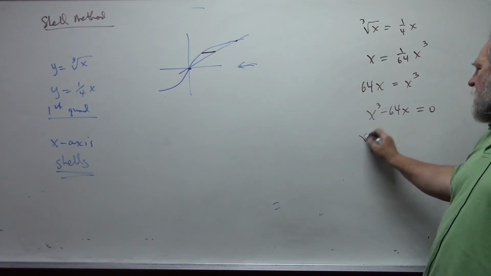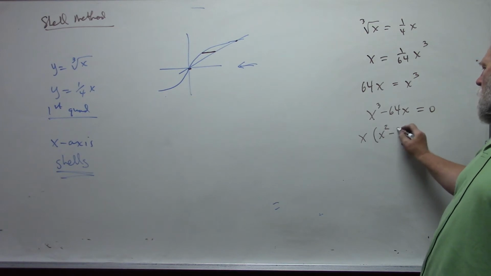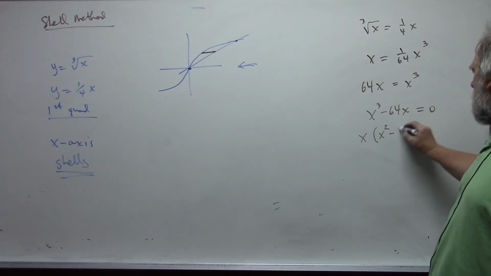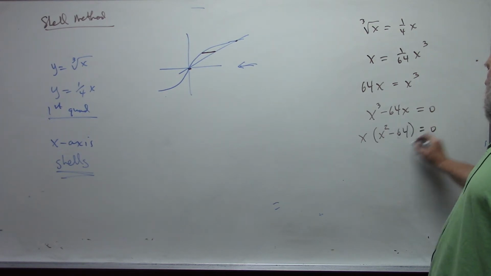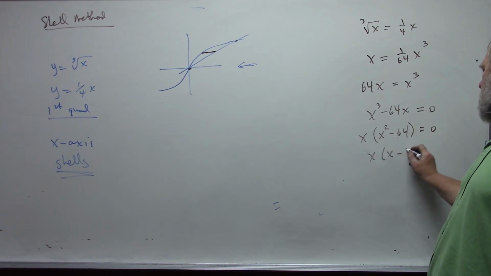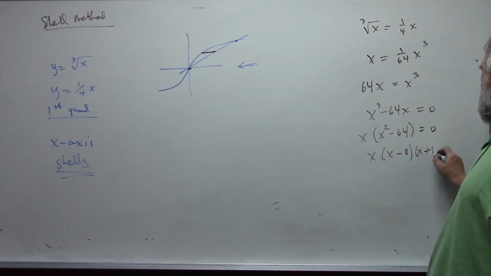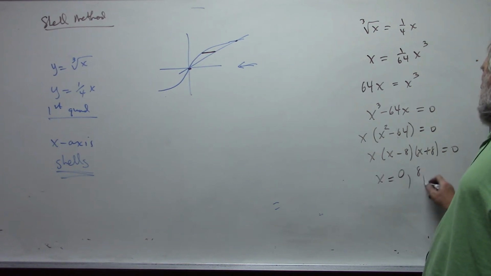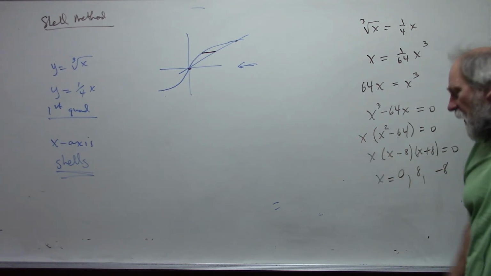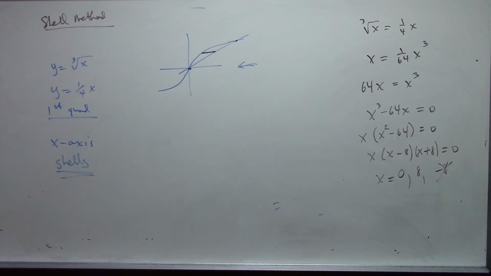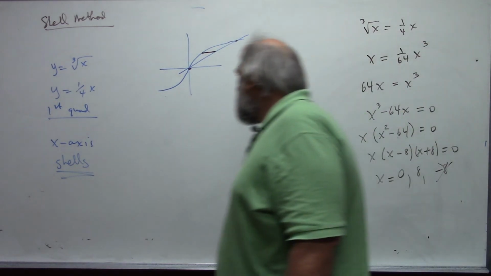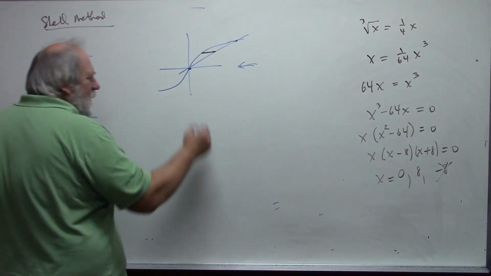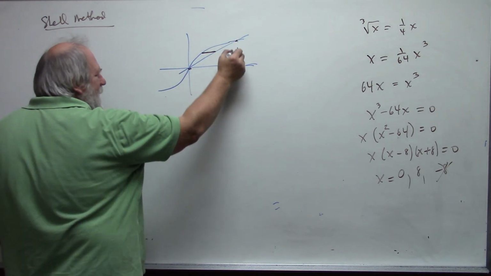I will then factor, and this factors nicely: x times (x minus 8) times (x plus 8). And so I get x is equal to 0, 8, and negative 8. We obviously don't need the negative 8 one. So this would be when x equals 0, and this would be when x equals 8.